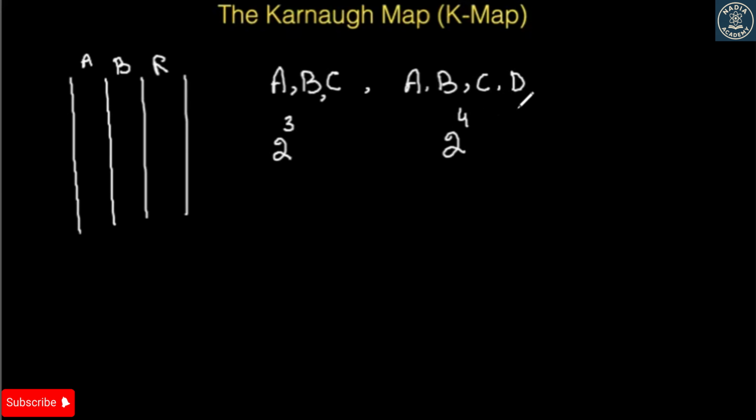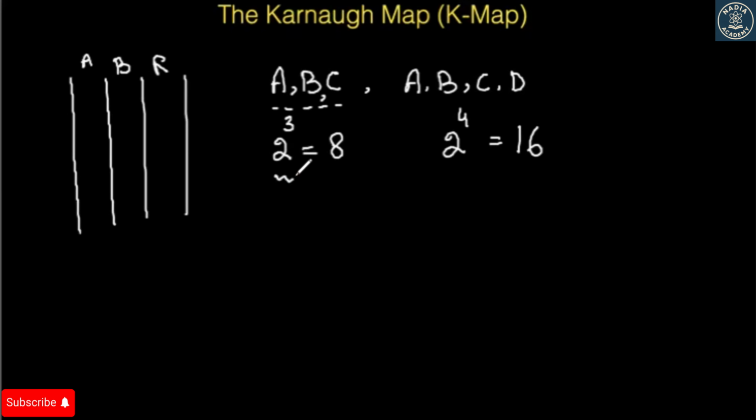If we have just two variables A and B, then the size of the map will be 2 power 2, meaning the number of cells will be 4. For three input variables, the number of cells is 8. And for 2 power 4, meaning four input variables, the number of cells will be 16.